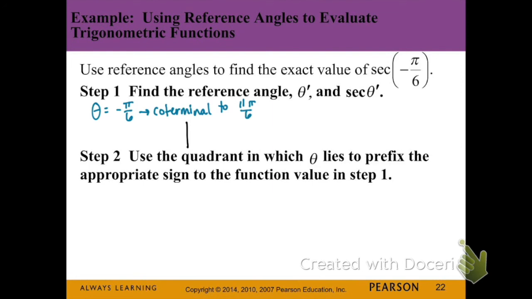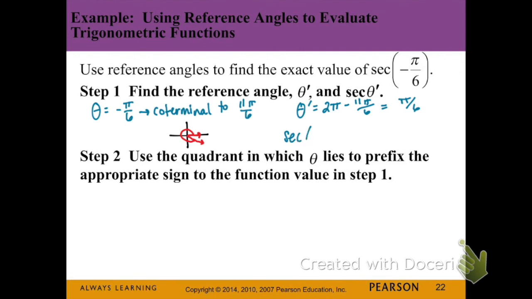So our coterminal angle is 11 pi over 6. Now we're going to graph that angle and look at what quadrant it's in. So we're in quadrant 4 here. Our reference angle we get by doing 2 pi minus 11 pi over 6, and we get our reference angle of pi over 6.